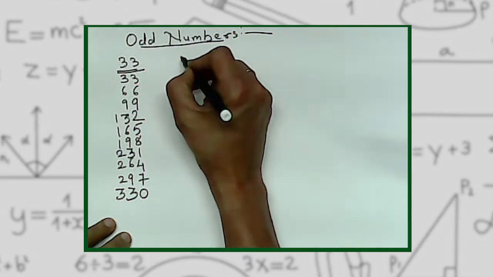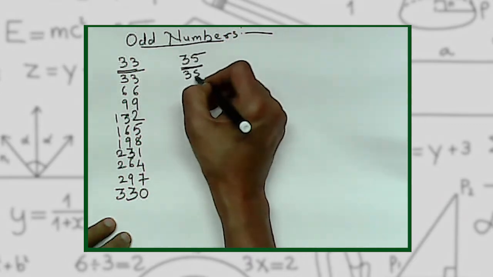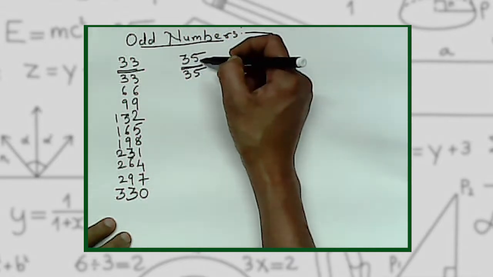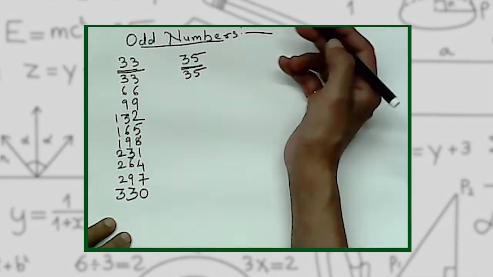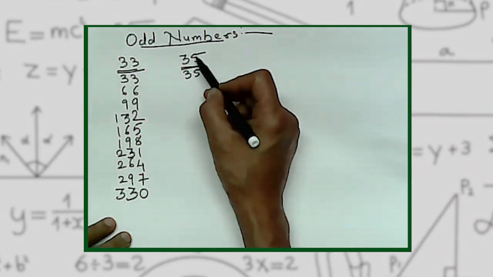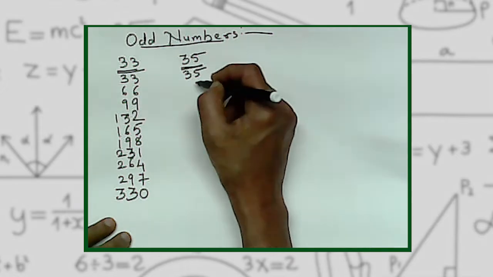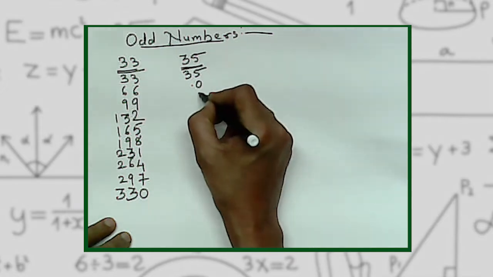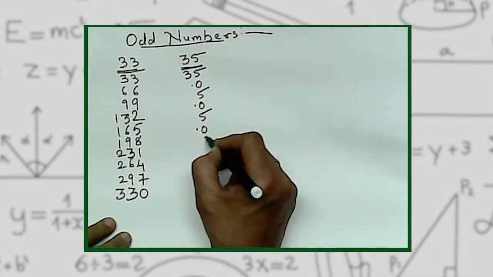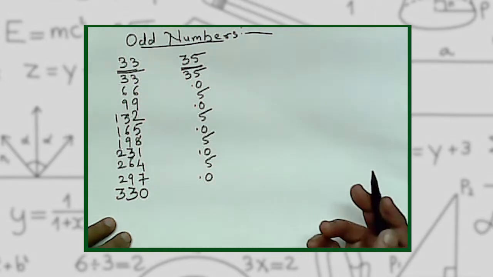One more odd number. We are going to take 35. The numbers having units place as 5 are easier than other odd numbers. Instead of calculating the digits, we can directly write .05, .05, .05, .05, .0.